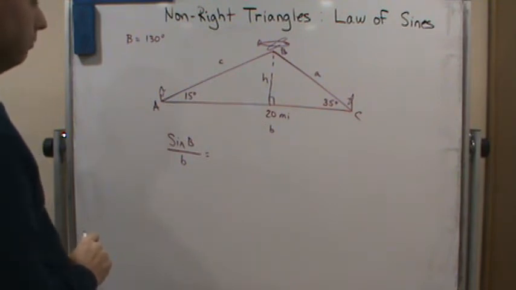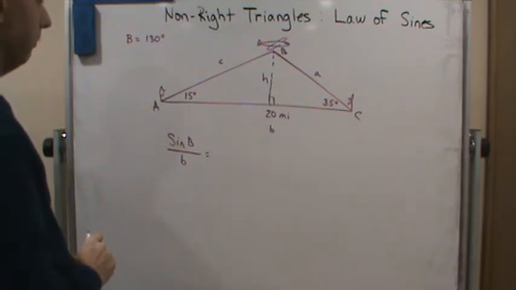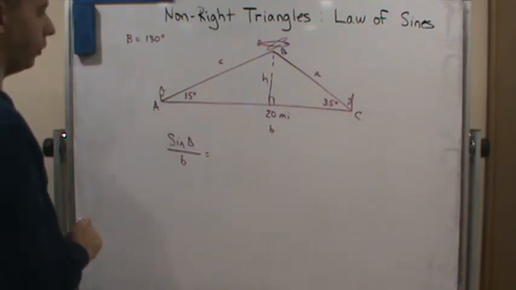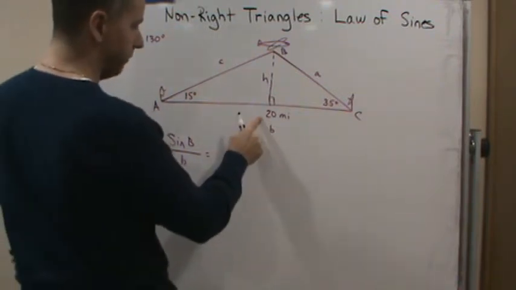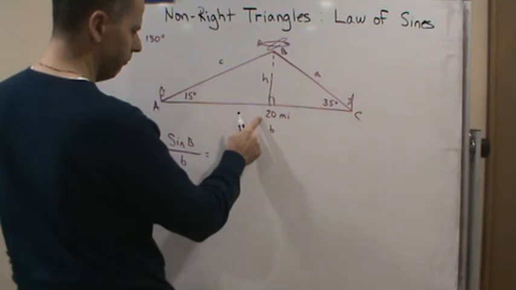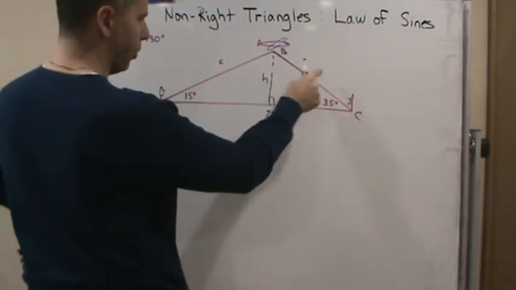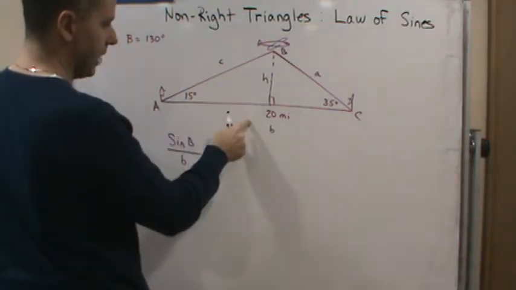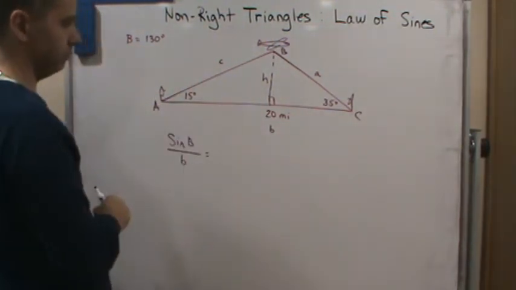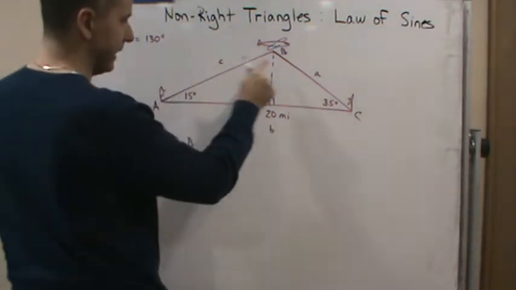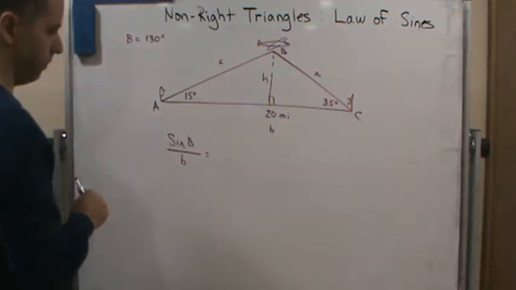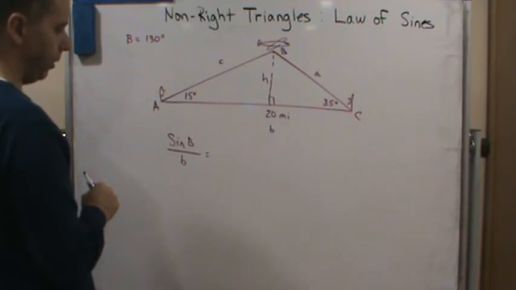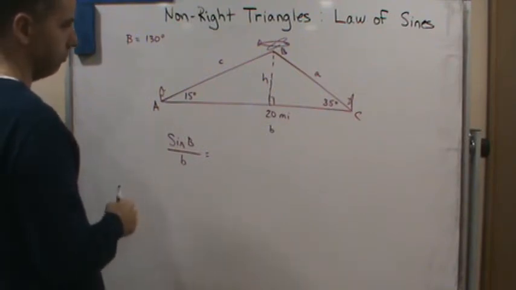what? Well, we've got this side. If we can get this side or this side, then we'll have two sides and an interior angle. So we either need to find C or A. It doesn't really matter.